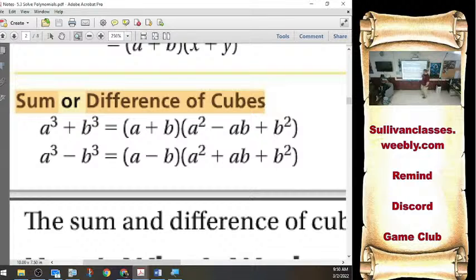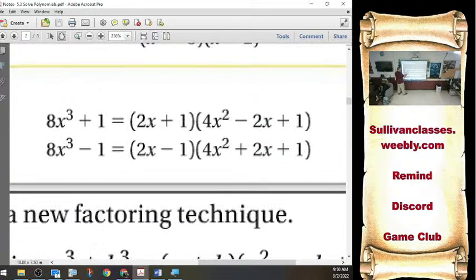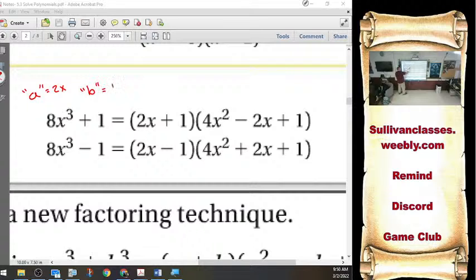The example they give: I would identify that my A is 2x, my B is 1, because they are the things that get cubed to make 8x cubed and 1.